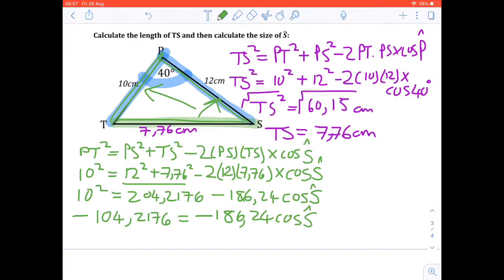What we want to do now is get cos S by itself. So we divide both sides by the coefficient of cos S, which is minus 186.24.